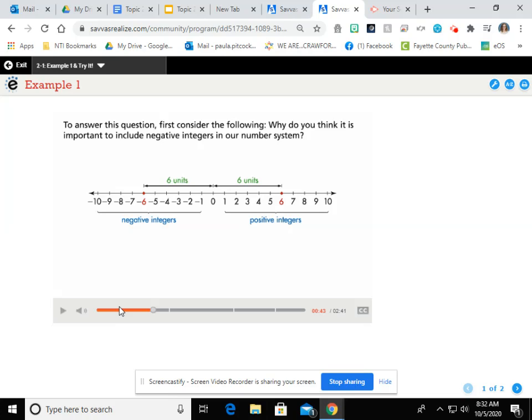You don't have any more money and you actually spent more than you have. Your bank account is negative. In football, when you lose yardage, you can go negative. So in the real world, we have positive and negative numbers. So in our number system, we have to have negative numbers to represent those situations.